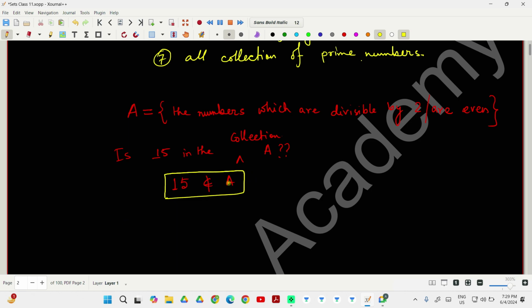Now tell me whether 16 is in the collection A. So 16 is in the collection A. This is true.